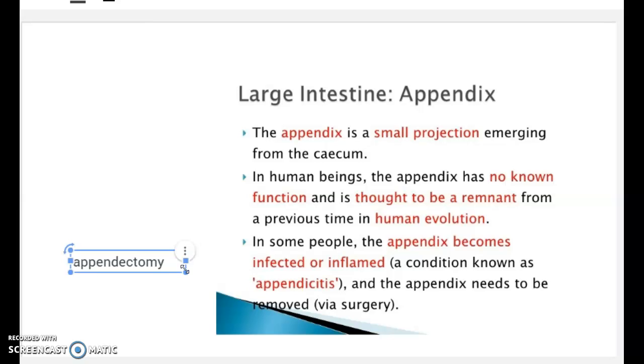However, the appendix is known to be important in fetal life as it contains endocrine cells that release biogenic amines and peptide hormones important for homeostasis during early growth and development.